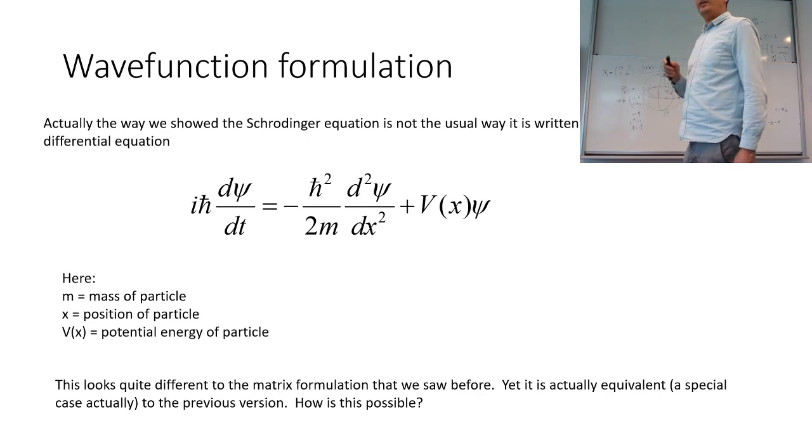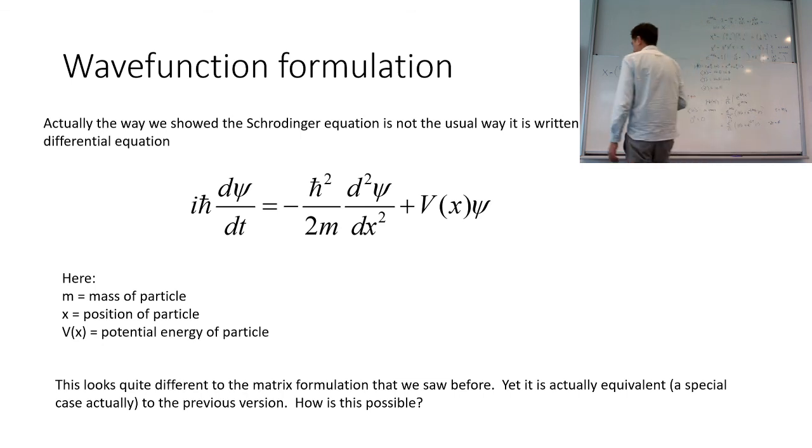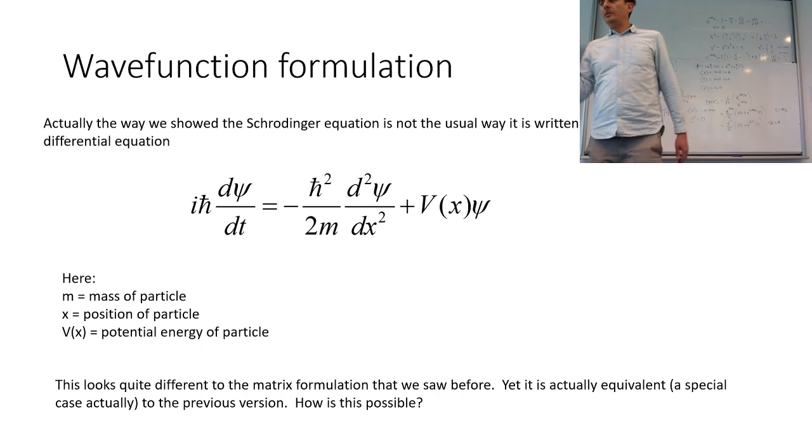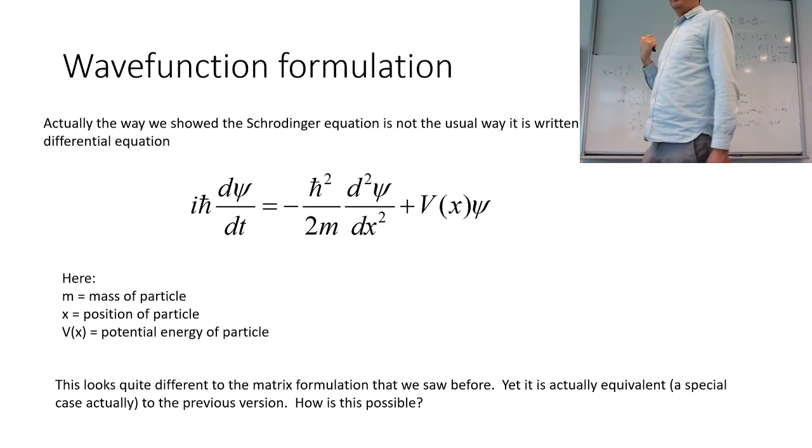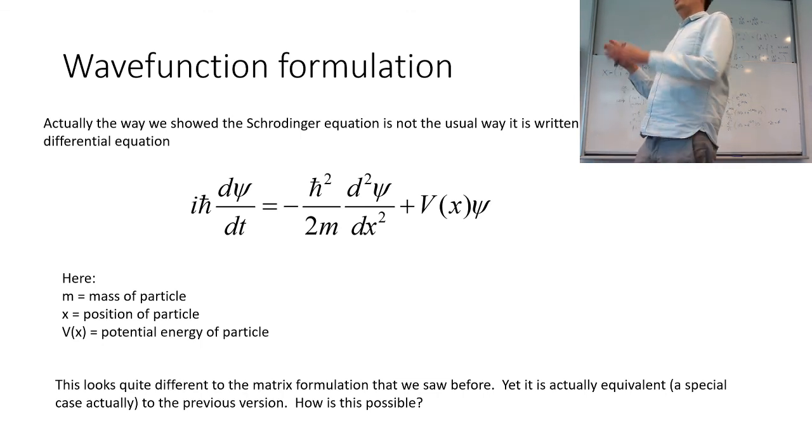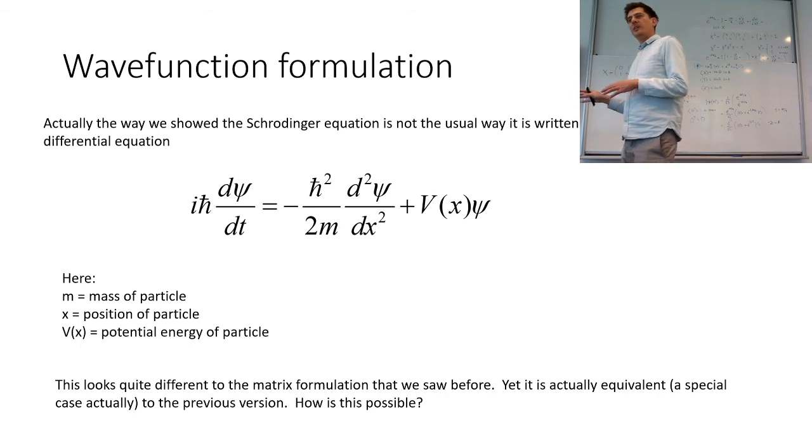So any physics student, if you ever take a quantum mechanics course, probably quite early on, you're shown this equation, and you're taught to solve this. Now this looks a little bit different to what we've been doing, but because this is how it's normally taught, I thought it might be a good thing, even though we don't really need any of the content in this slide set.